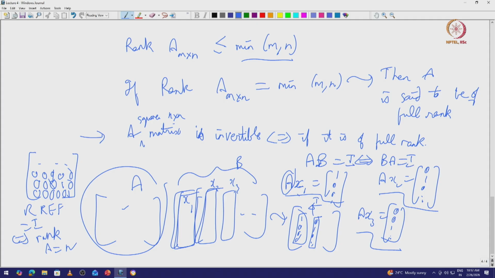Now it turns out doing row operations to a matrix is the same as multiplying the matrix from the left by some other matrix. Okay. What matrix is it? I'll leave you to think about it. Doing any row operations, for example, if you want to interchange rows, that will involve multiplication from the left by a matrix, right?